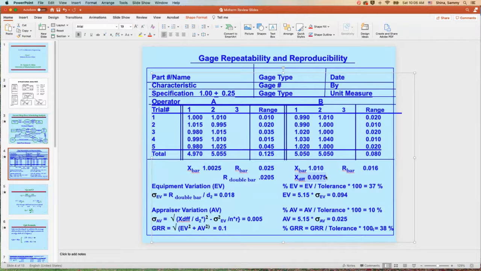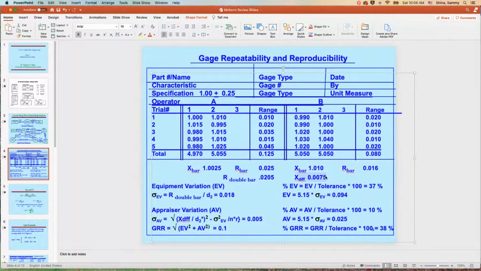Okay, so R double bar points to the sigma of the equipment, and X diff points to the sigma of the operators themselves.